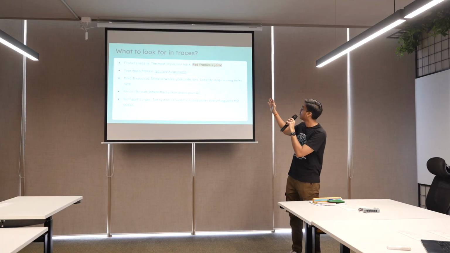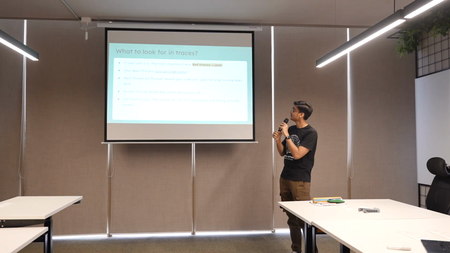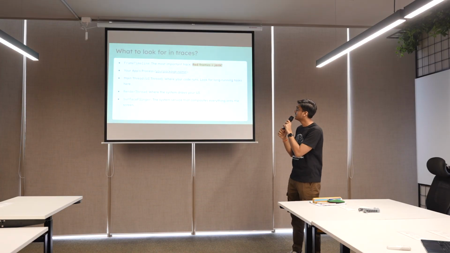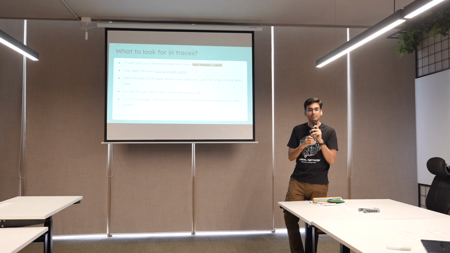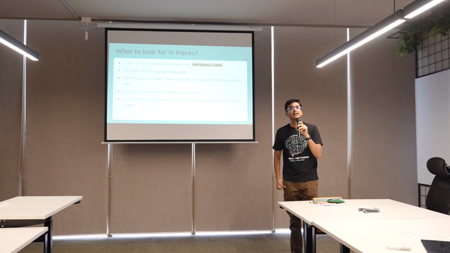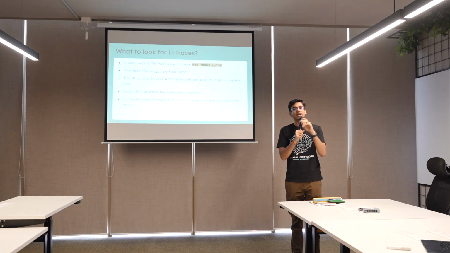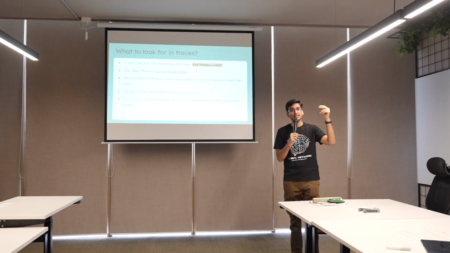Look for long running tasks here, and have a look at the render thread, to see if the system is properly drawing your application's resources on the UI or not. Sometimes your application is not actually rendering something on the UI, but the render thread is still active. It means maybe you are recomposing something which is not required.